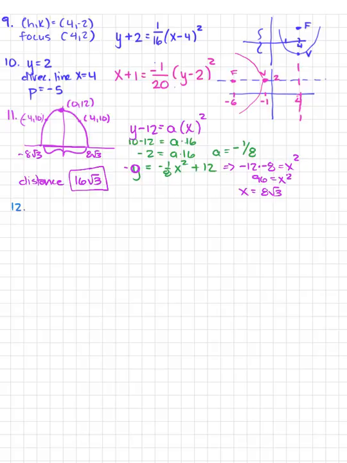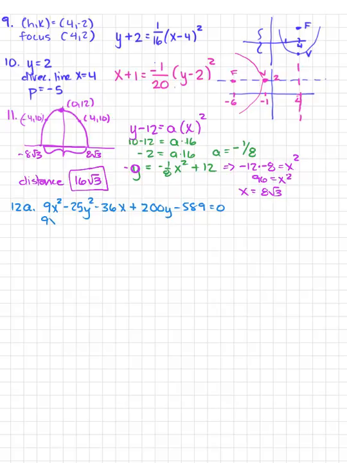12 has several parts. Okay. I put these on here because you guys were struggling with completing the square for hyperbolas. So let's write this out. We have 9x squared minus 25y squared minus 36x plus 200y minus 589 equals 0. And I hope I'm writing that right. Okay, so let's start it off.